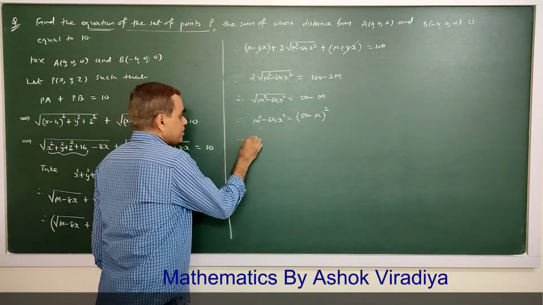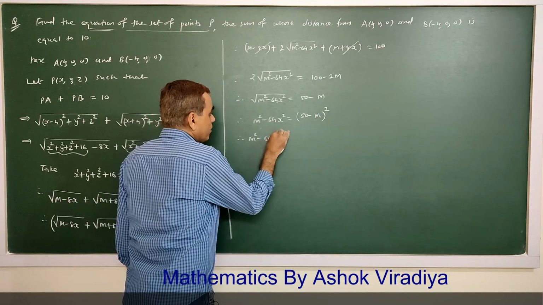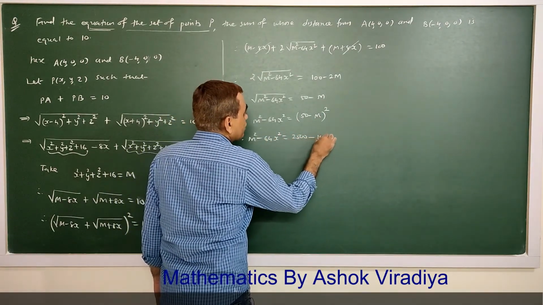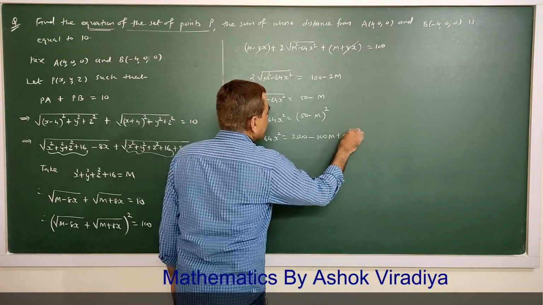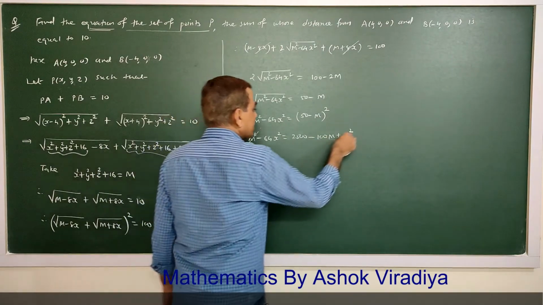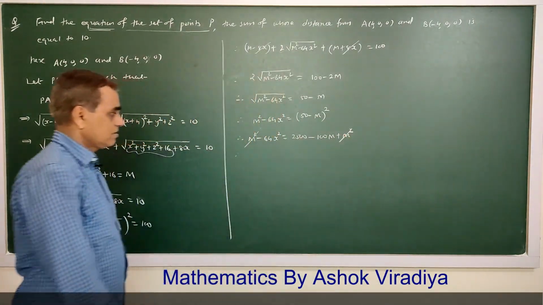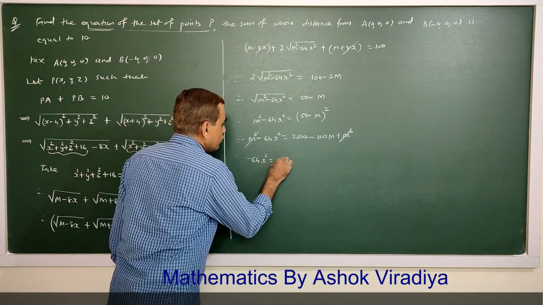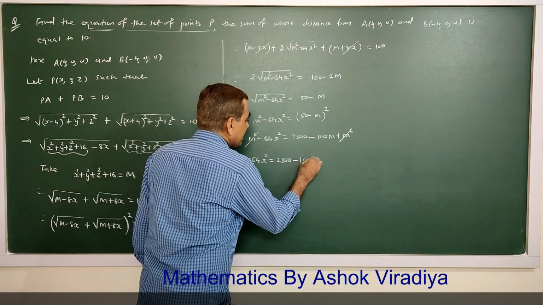Therefore, m square minus 64x square equal to 2500 minus 100m plus m square. Again this m square is cancelled. Minus 64x square equal to 2500 minus 100 into m.